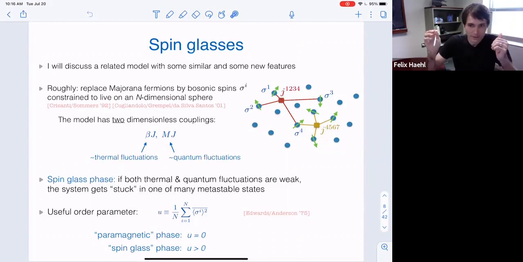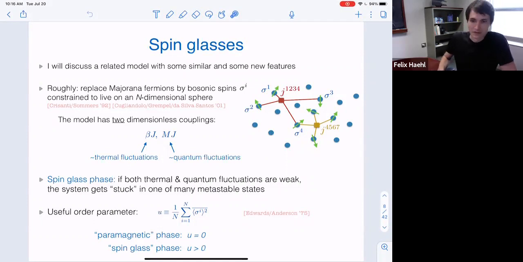And of course, that's too many constraints, and the system can't satisfy all of them, and it gets frustrated, meaning it has a hard time finding a minimum. Imagine some very complicated landscape of free energies, very rugged and with many local minima and spikes.